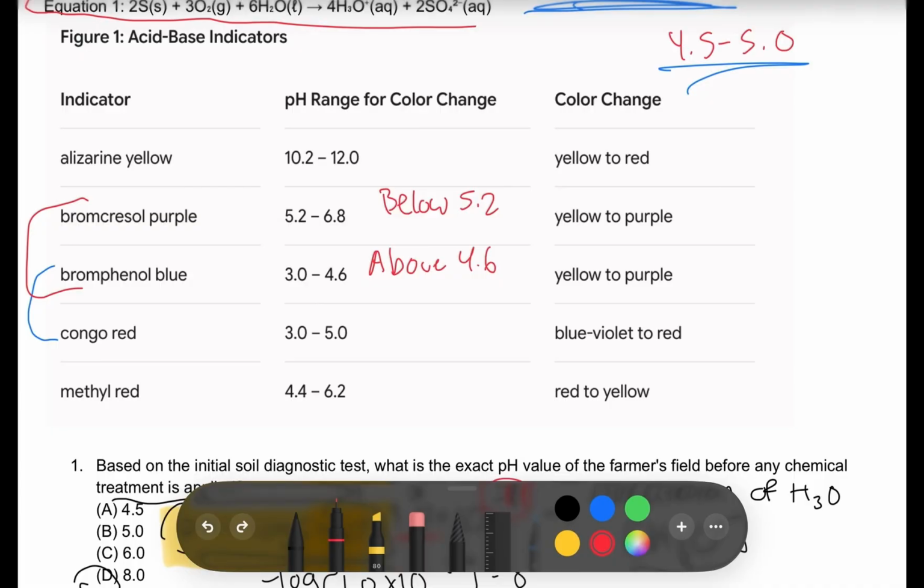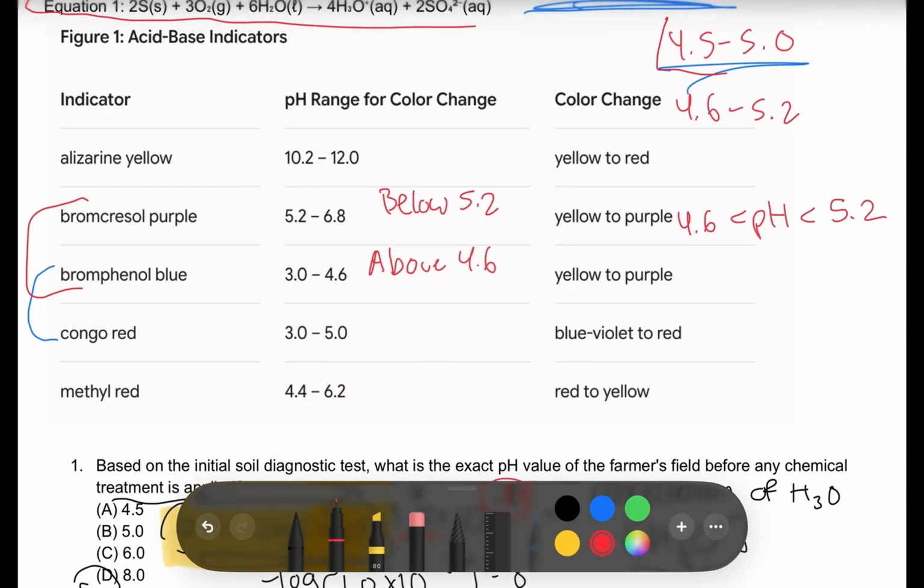So if we were to write this together, we would say 4.6 is less than the pH, but it's also less than 5.2. So that means that the pH has to fall between 4.6 and 5.2. So it's going to look like this.